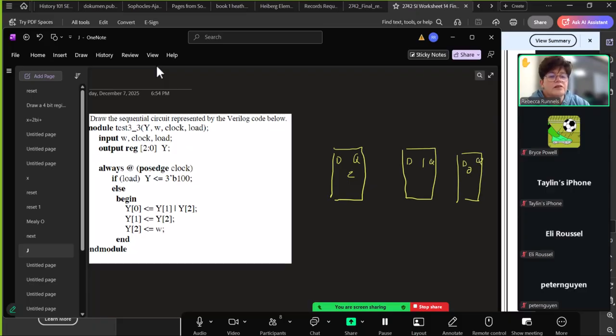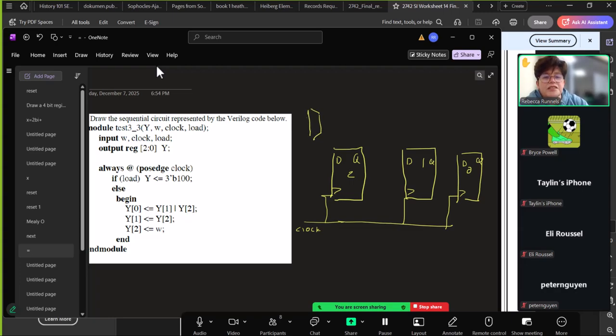D, Q, clock, clock, clock, clock. Do I have an if? I do have an if. Does it look like the if goes to all of them? It does, so I'll go ahead and put the multiplexer on all of them.